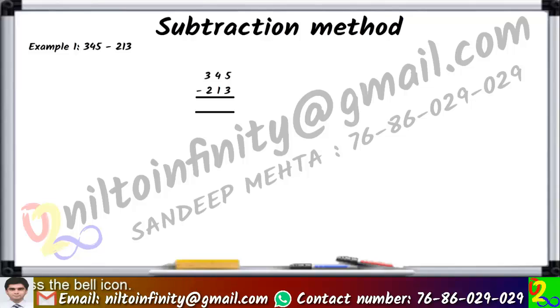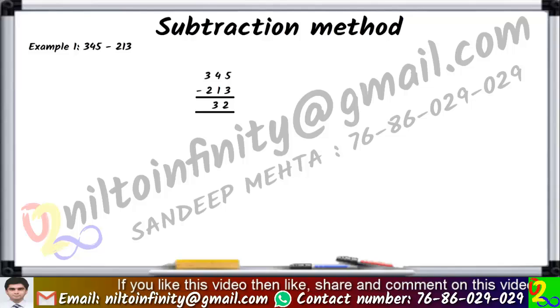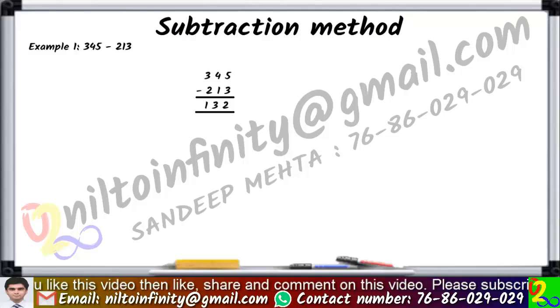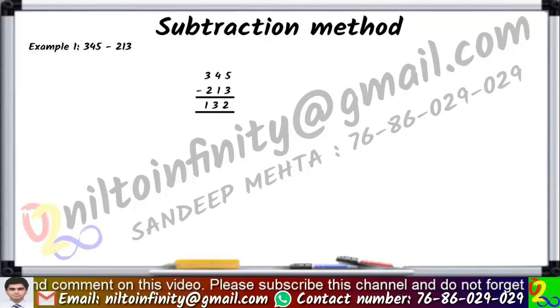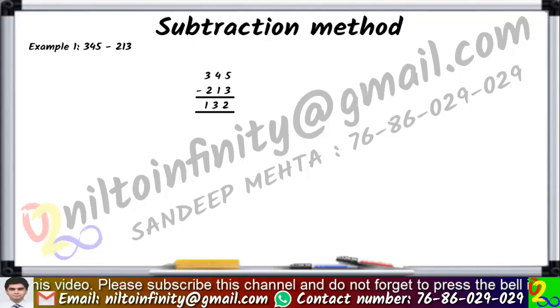Similarly, we will subtract the tens place digit of the subtrahend from the tens place digit of the minuend, and so on. So, 5 minus 3 gives 2. 4 minus 1 gives 3. 3 minus 2 gives 1. So the result of subtraction of 213 from 345 is 132.